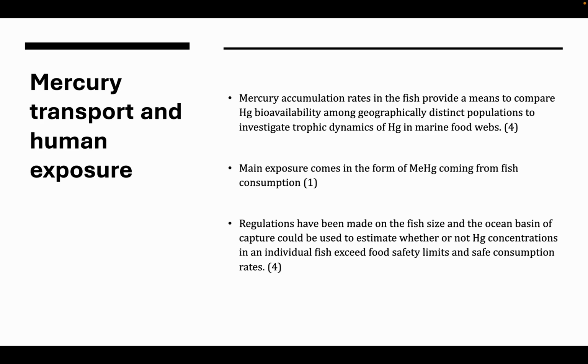The main exposure comes in the form of methylmercury from fish consumption. So when humans are eating fish, we can track and see that methylmercury is a high source of the compound that is found.